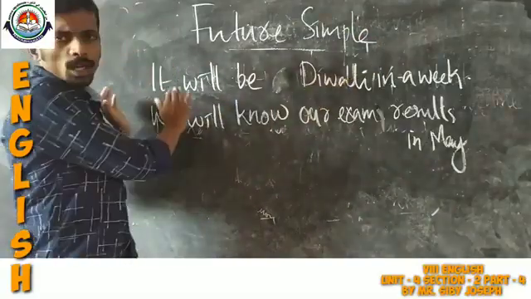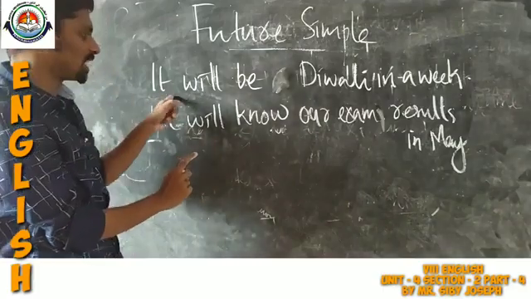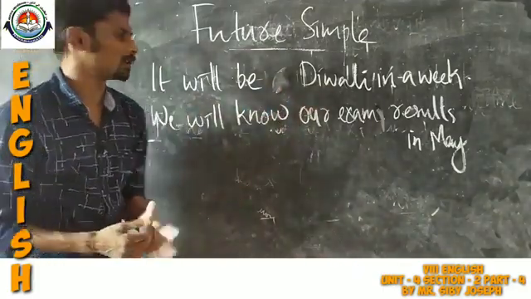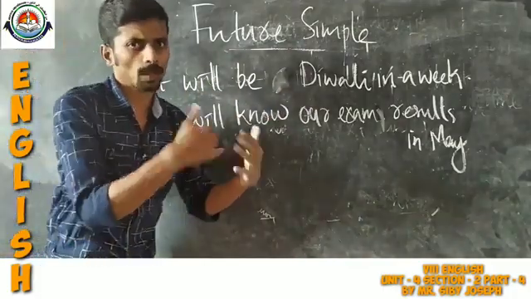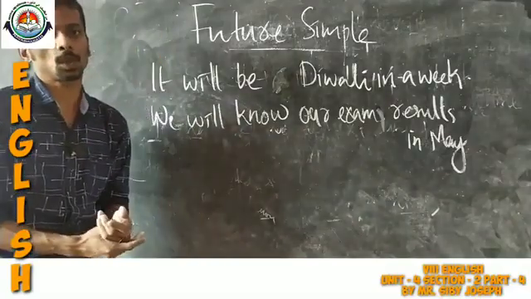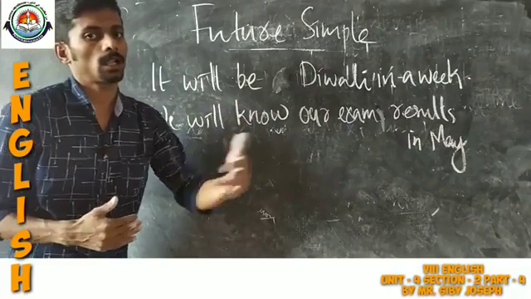So, these all refer to an action that is going to happen in the future. That means, it will be Diwali in a week. Within a week, Diwali will come. Then we will know our exam results in May. So, we are going to know our results in May.